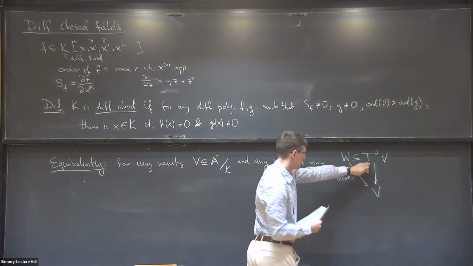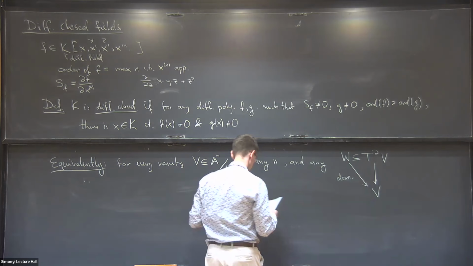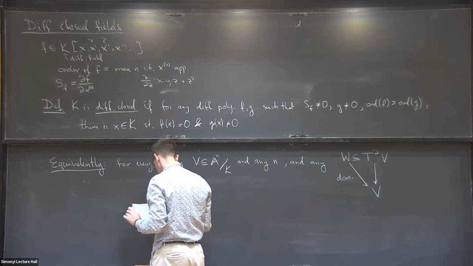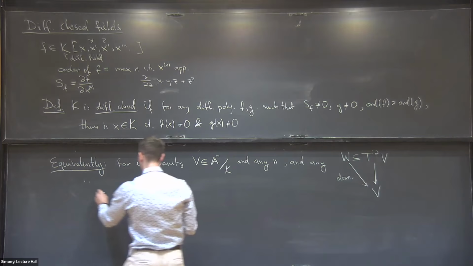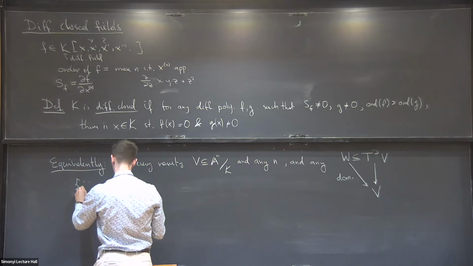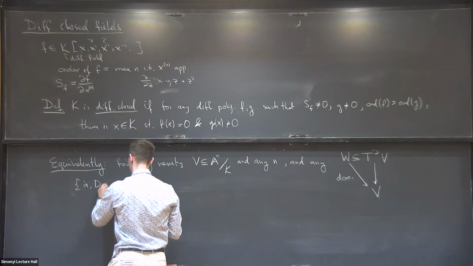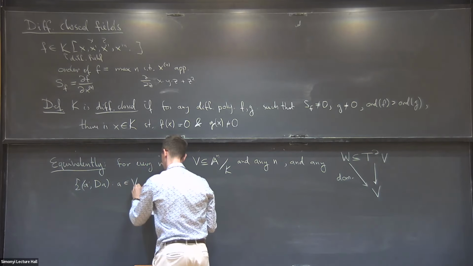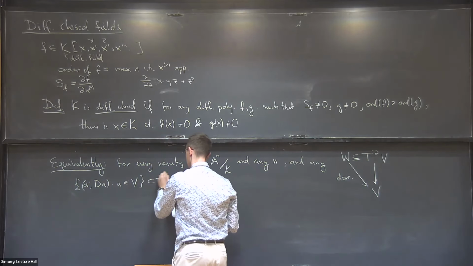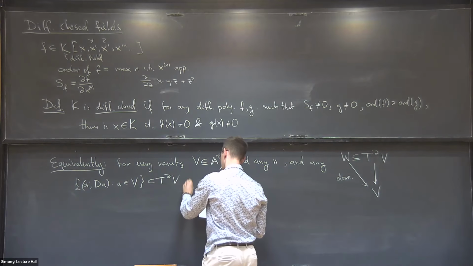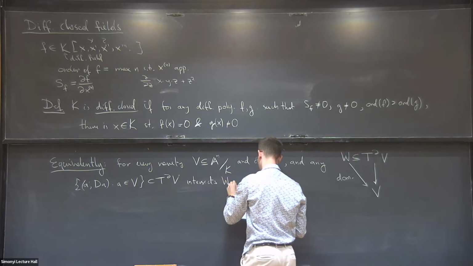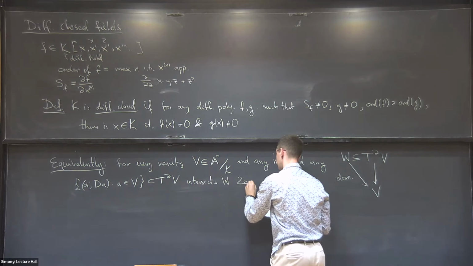So this will be some algebraic variety related to V over K. The set of pairs (a, da) for a in V, this will be a subset of this, intersects W Zariski densely.